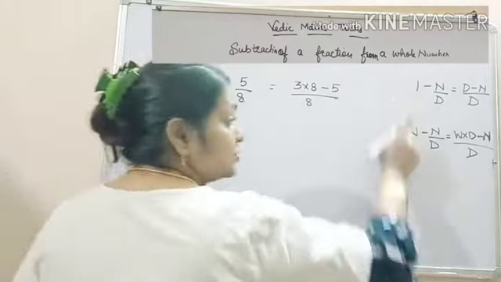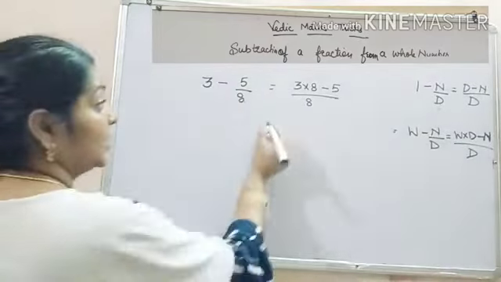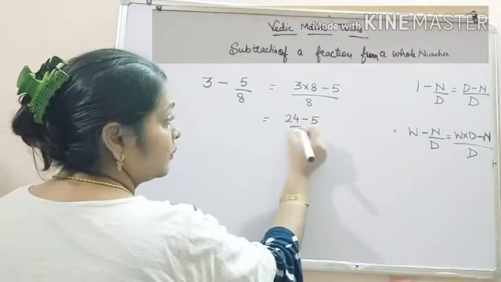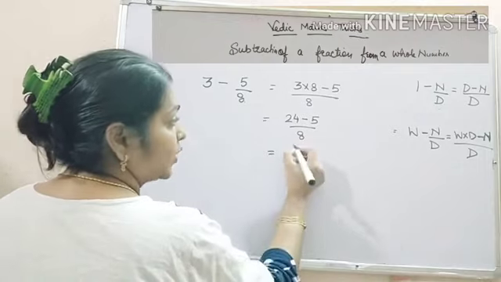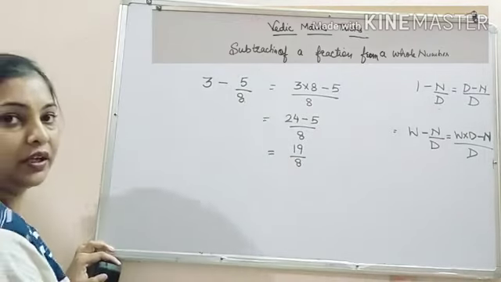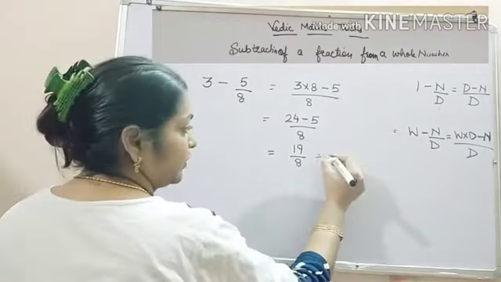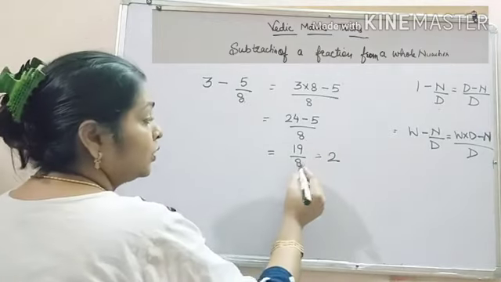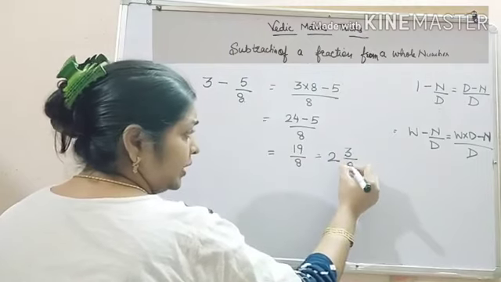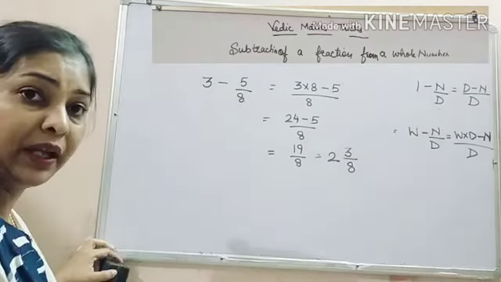You have to use these formulas only. So 3 8s are 24 minus 5 by 8. That is equal to 19 by 8. And now you have to convert it into a mixed fraction. It will be equal to 2 3 by 8.